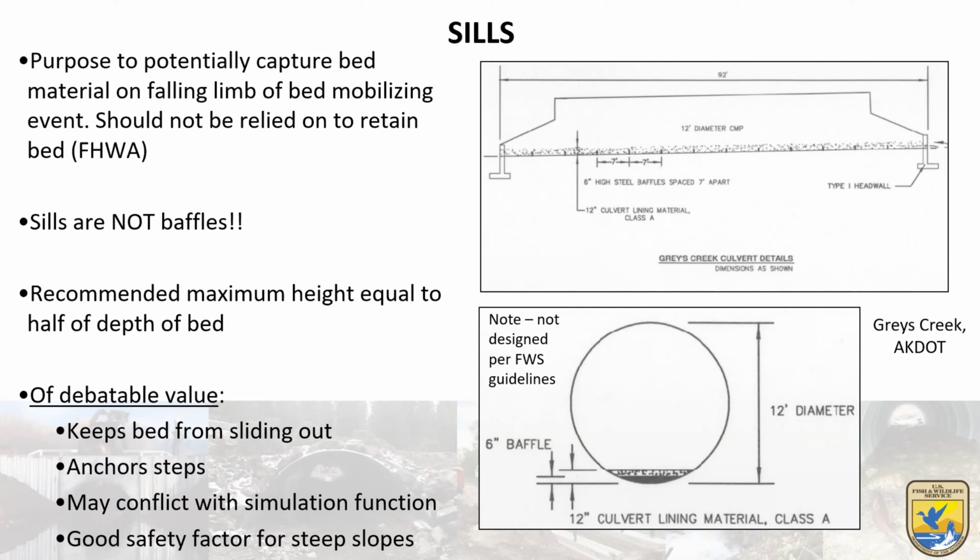There's no gravel in it, and so they put these sills in to try to have some material coming from the falling limb of the floods and capture at least some sand and keep that in the culvert.